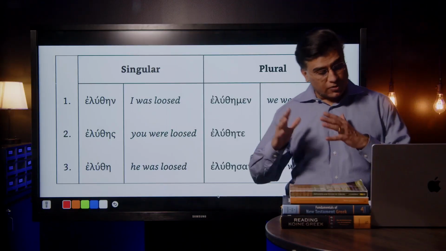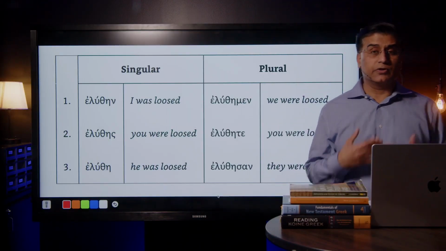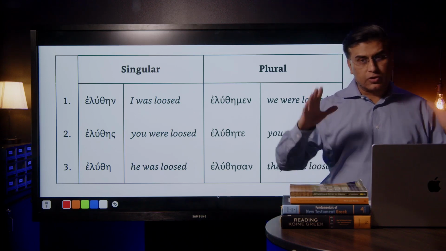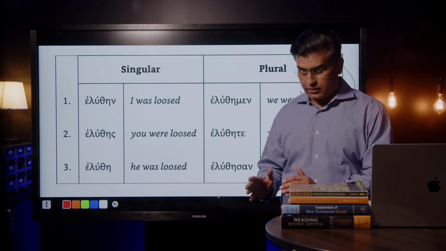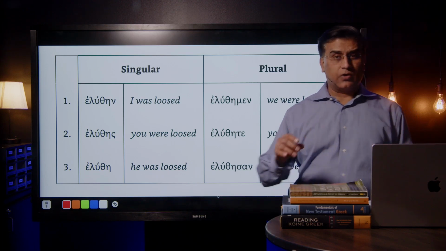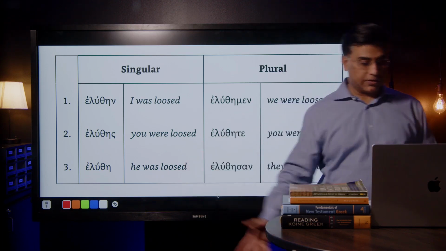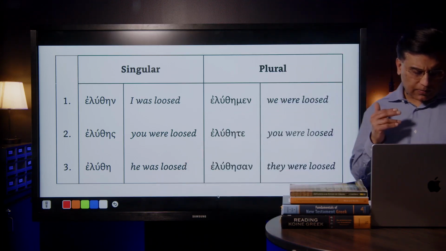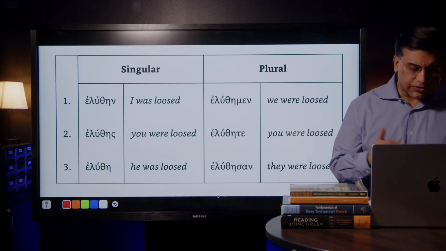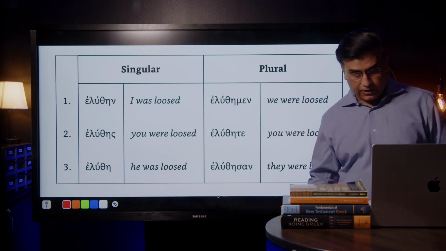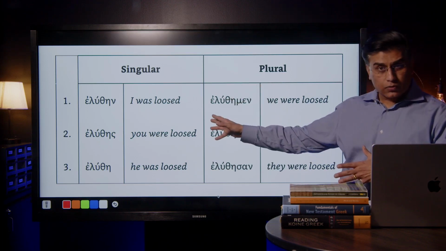Now we come to chapter 15, where we are introduced to aorist and future passive indicative. And they're both based on the aorist passive form or tense. So let's begin with first aorist passive indicative, again based on luo.